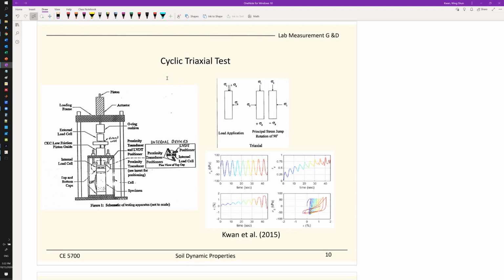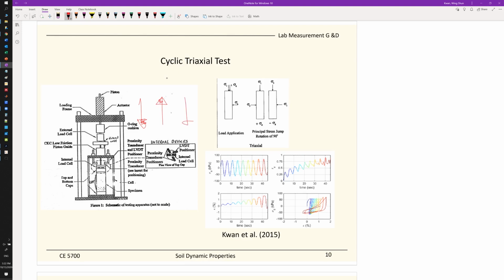Cyclic triaxial is just like your standard triaxial device. We have one in our own lab, but the capability of it now is not just static loading. Remember, your compression test only goes one way, and the tension tests only go the other way.